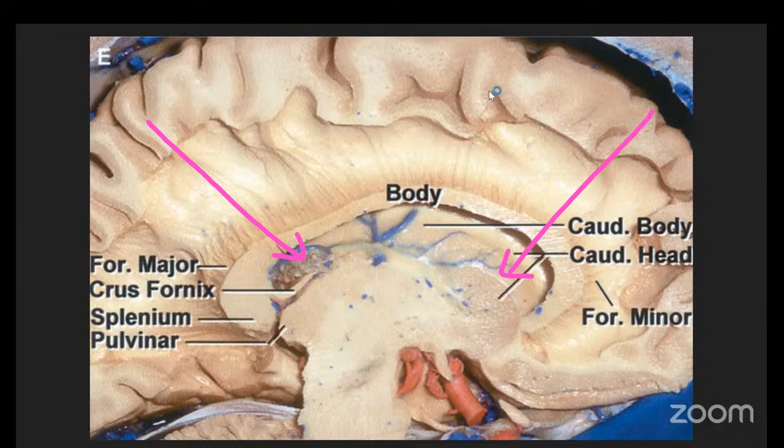But in comparison with the transcortical approaches, you can see how much distance you will have to travel if you had to go via a transcortical approach. All of this gray matter and then the white matter and all the tracts within it, you will be putting at risk, right?